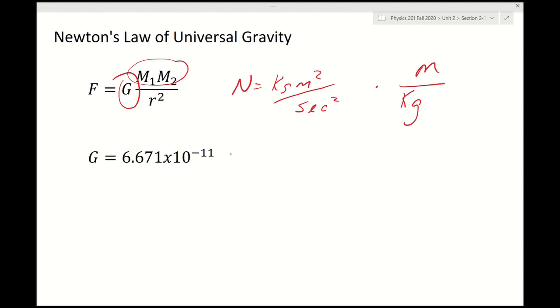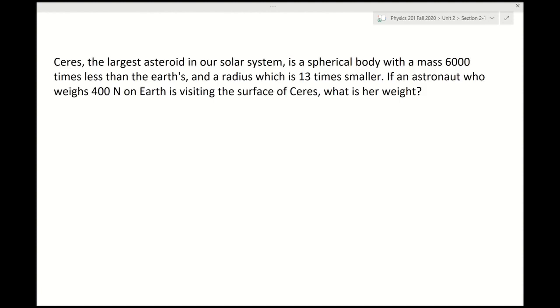Well, this is the same thing as big G, m1, m2 over r squared, where this is the radius of the Earth. We can say this is the mass of the Earth, and this is the mass of the astronaut. Her mass is not going to change, and big G is not going to change.